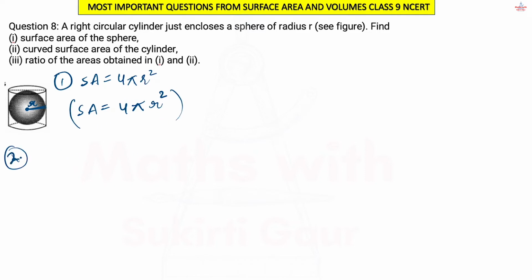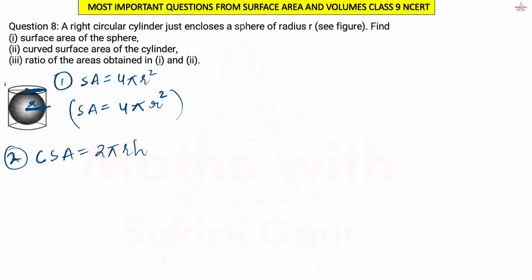In the second part, we have been asked to find out the curved surface area of the cylinder. First, write the formula: 2 pi r h. Now tell me what will be the r of this cylinder. If you can see here, this is also the center of the top circular part of this cylinder, and till here it has been given to us that it is r. So of course this will also be r.